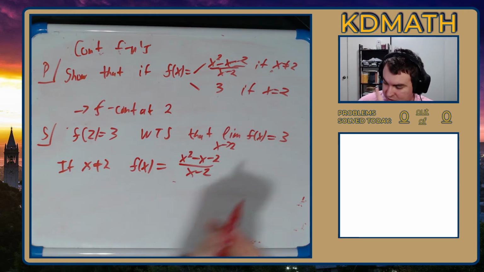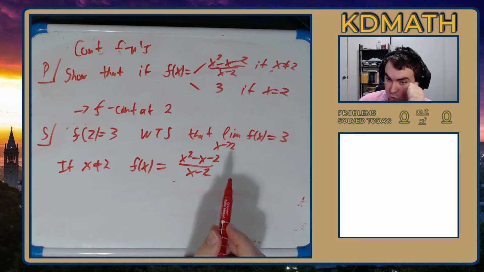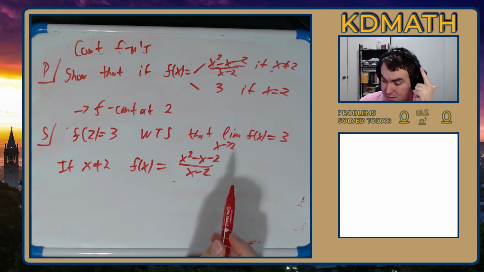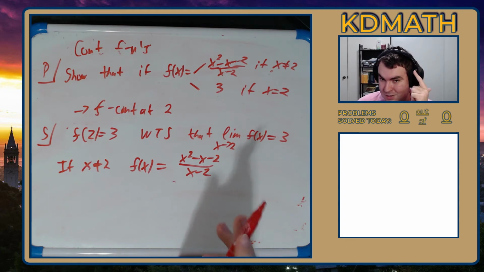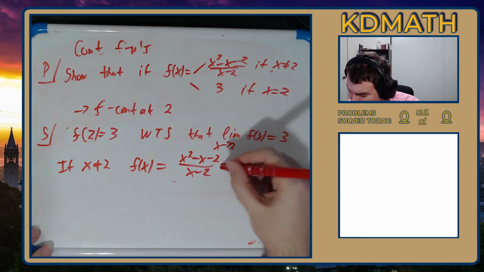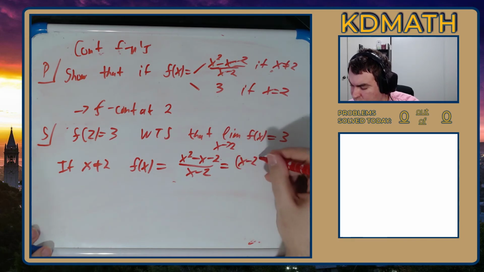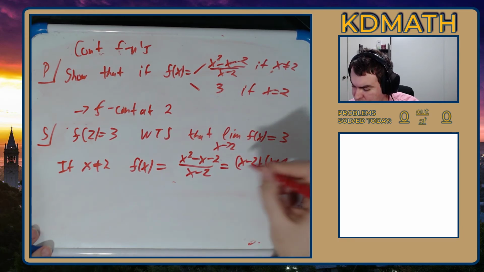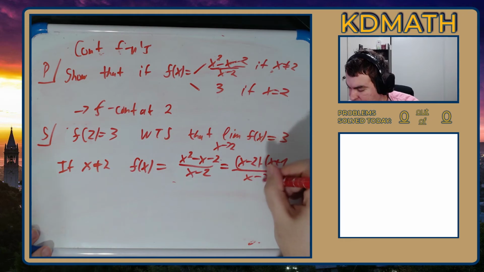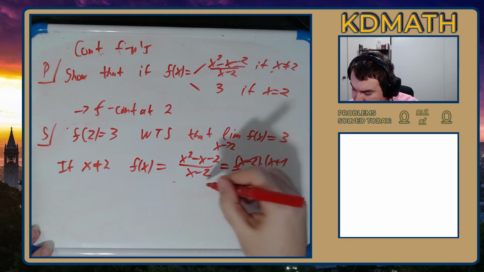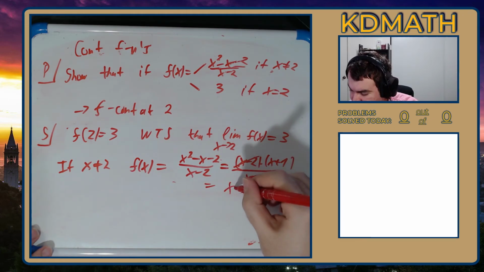So what are the zeros of the numerator? They are 2 and negative 1. Correct? So the top factors as x minus 2 times x plus 1, divided by x minus 2. This in turn equals x plus 1.